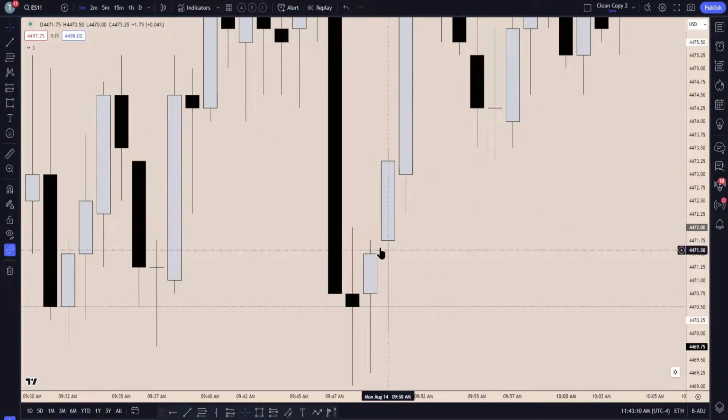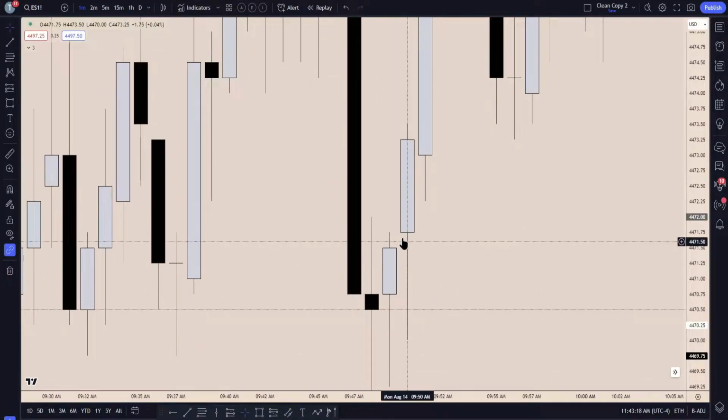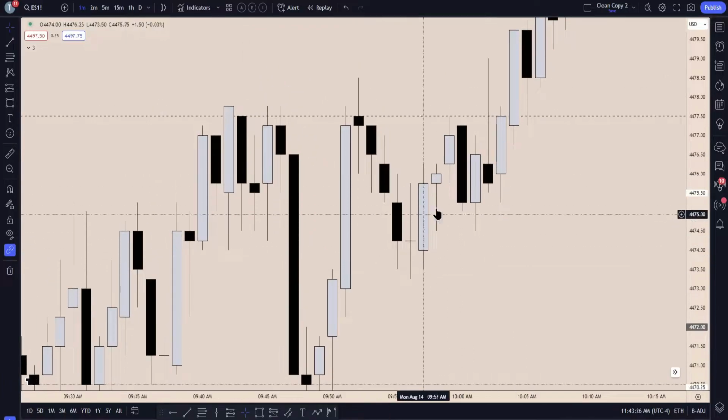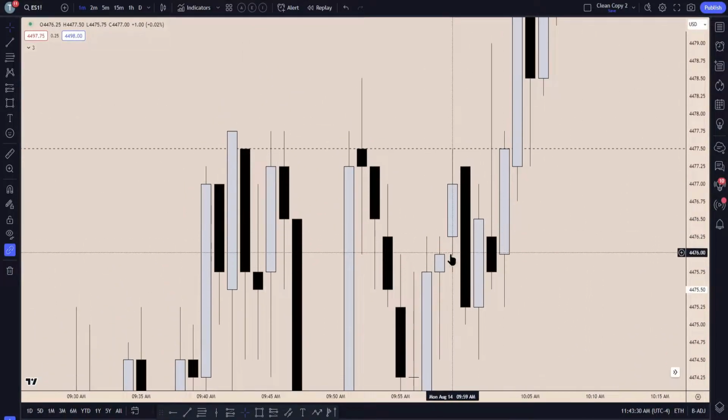It doesn't like being completely inefficient, where there's still going to be a volume imbalance here. If we were not to even return into this area, that's going to be an open gap. Oftentimes that return into the previous candle will be a quick reprice before price continues in its given direction. Here's a good example of that, where we open higher, we reprice into this candle, and then continue higher.